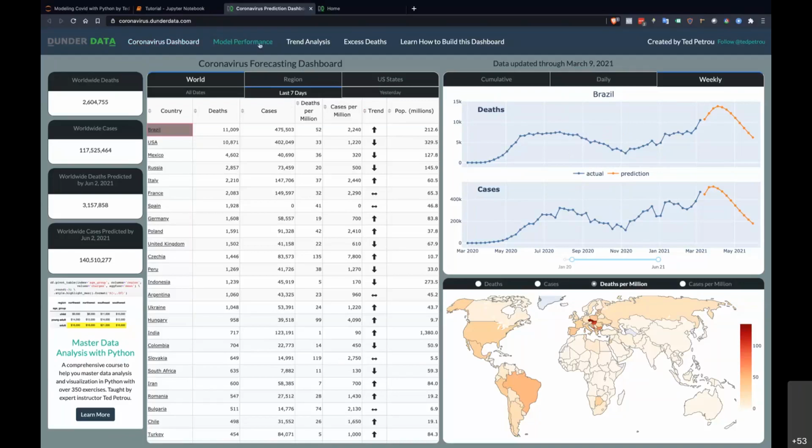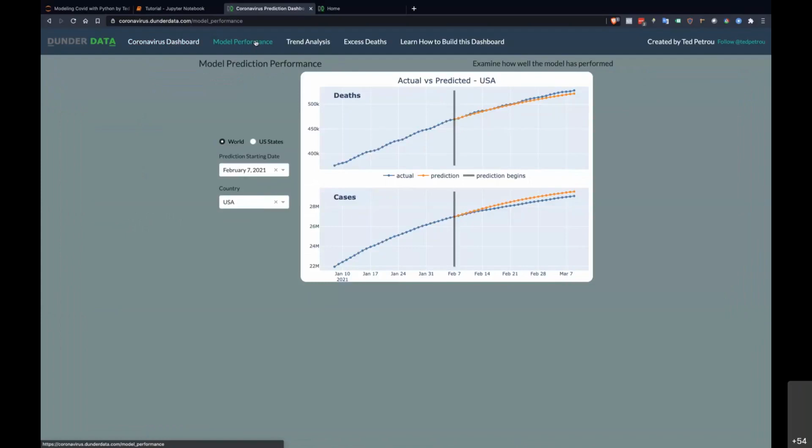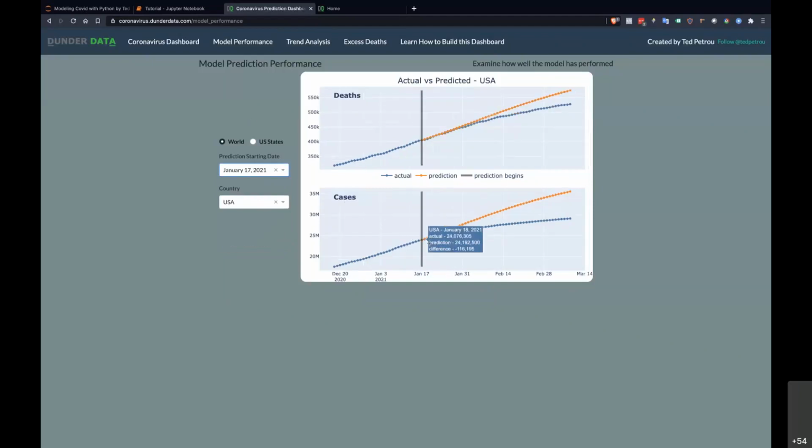Oh, one thing. You can see the model performance, how well it's done historically. If you click on model performance, it'll go back 30 days. You can go back a little bit more and see different dates. As you can see here, there was a big drop off in the second week of January in cases that was quite unexpected, and it was very fast.